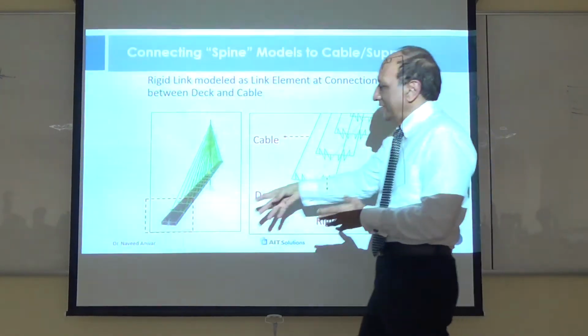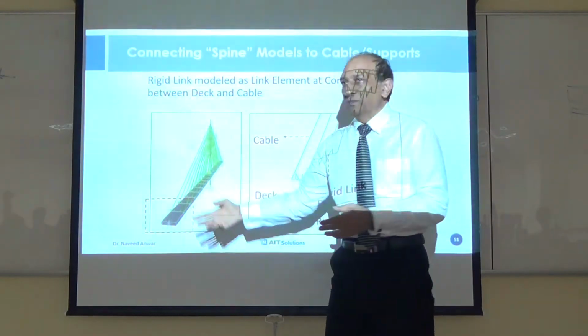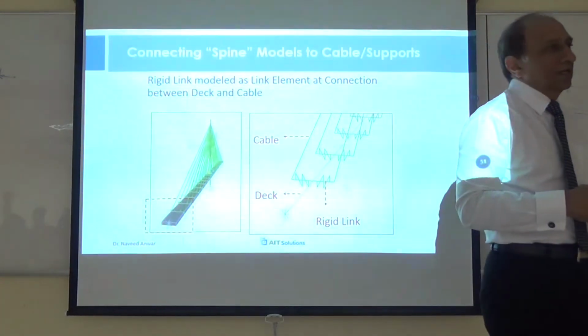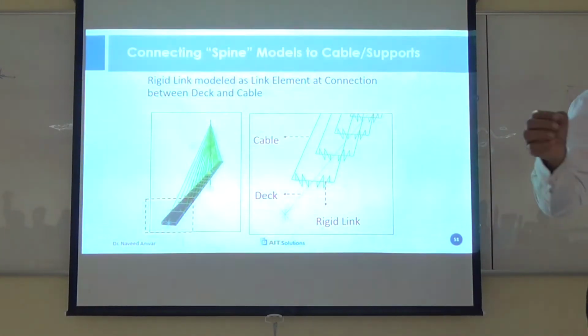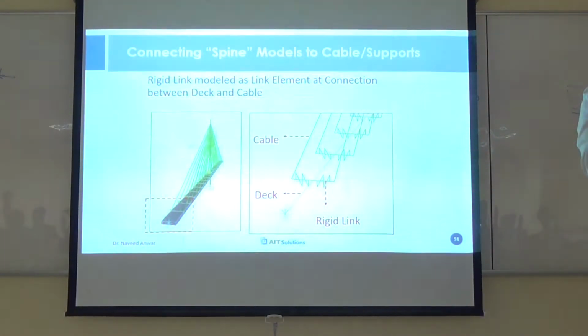People can create, even for big bridges like cable-stayed bridges, a simple model quickly first, a spine model, just to get the overall response before they rush to the detailed model, because you need to estimate the sizing, and that you can do from a simple model. And once you know the basic sizing, basic properties, then you get the preliminary design done on a spine model, or a simple model, or a line model, or a frame model.